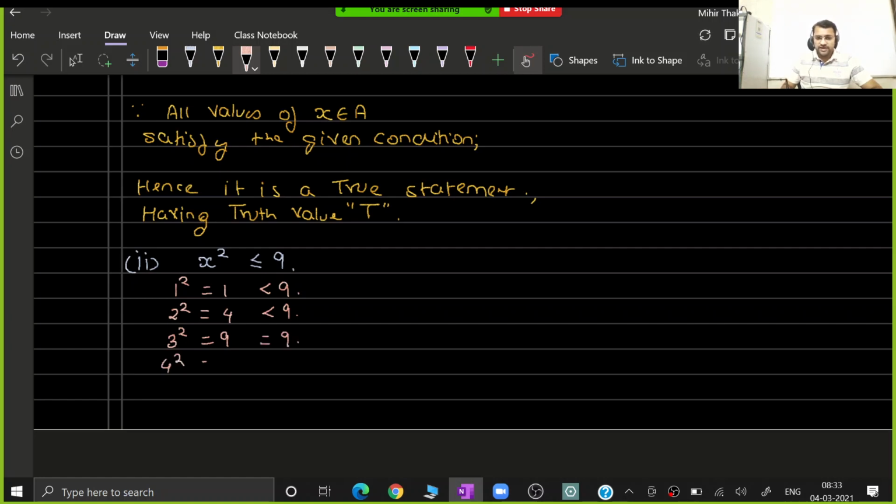And 4 square is equal to 16, which is greater than 9. So I observe that these three are satisfying, but the last one is not satisfying the condition that it should be lesser than or equal to 9.